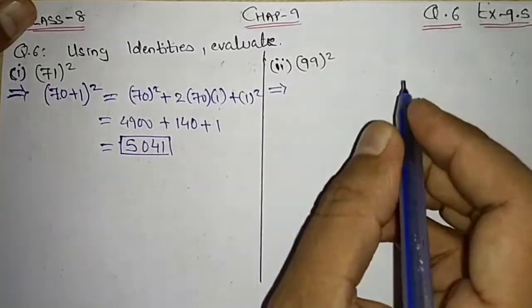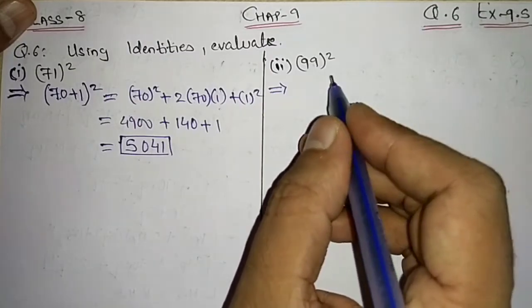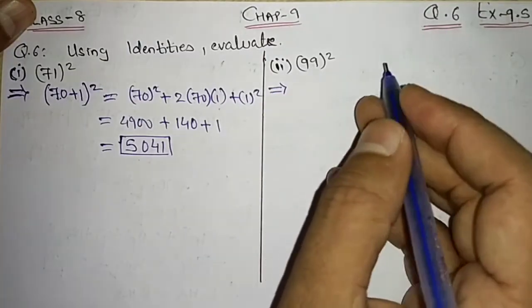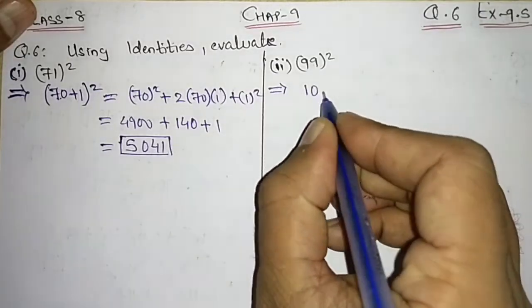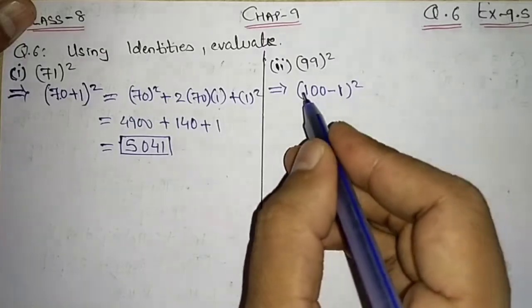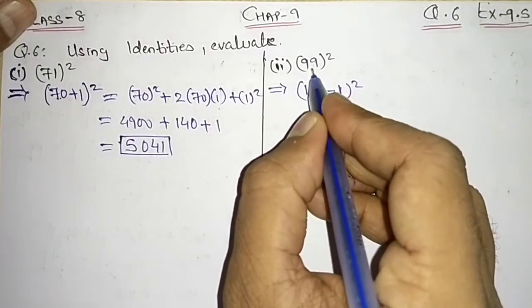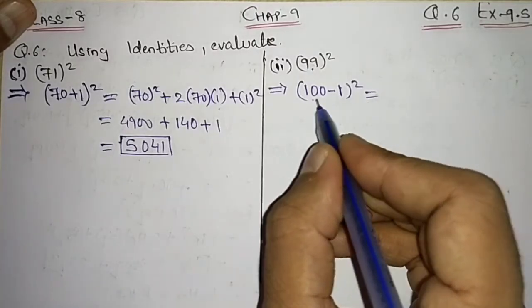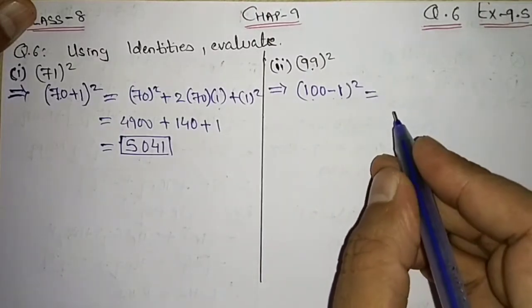Moving to 99 square. Now it is not necessary that you do 90 plus 9. You can also do 100 minus 1 whole square. 100 minus 1 will give me 99. So 99 square. Now I got the a minus b whole square formula.